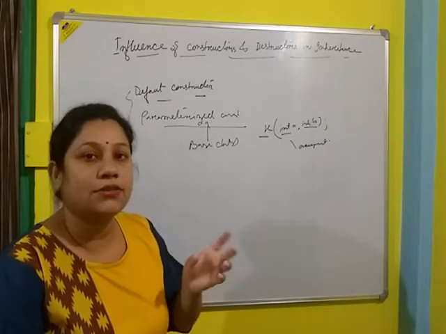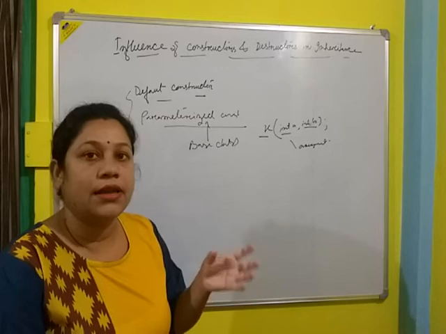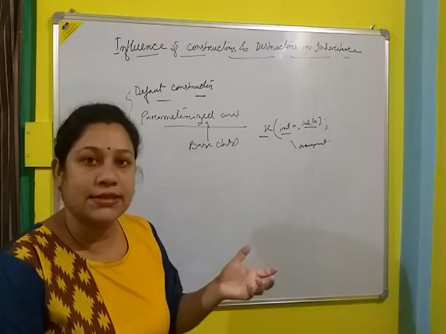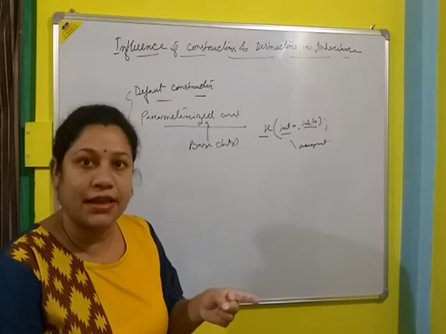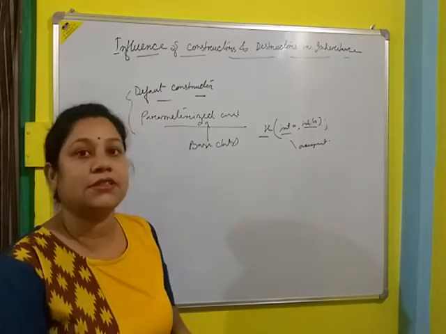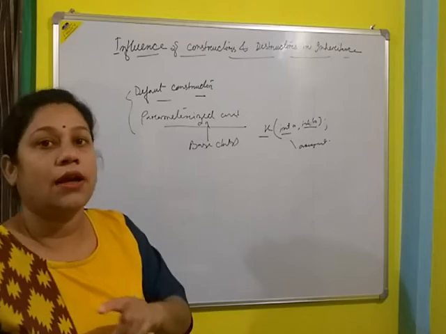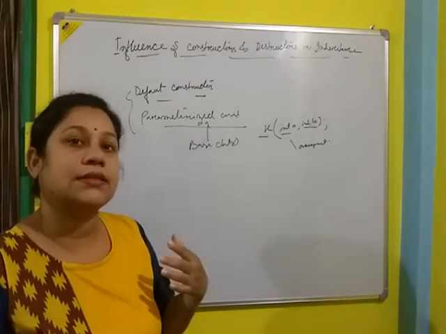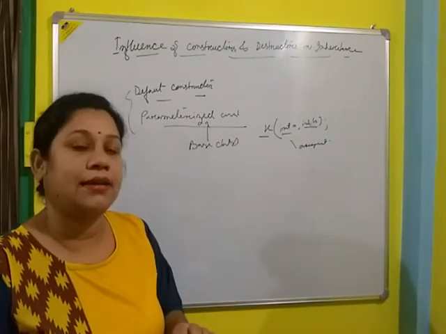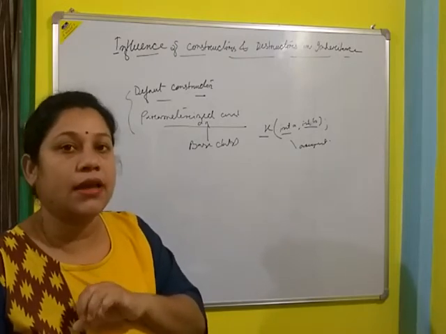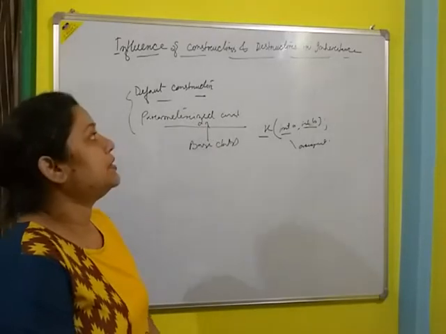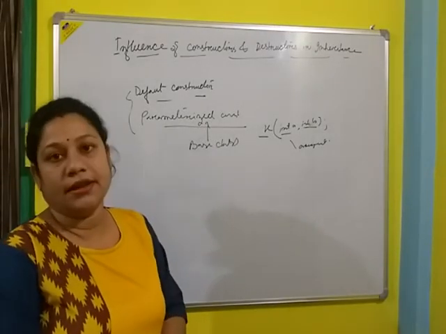Okay, it is just the opposite of the constructor, because at the time of the constructor the object first executes the constructor of the derived class, then the base class, but in the case of the destructor, the object first executes the destructor of the base class, then the destructor of the derived class. Okay, so this is the influence of destructor in inheritance.